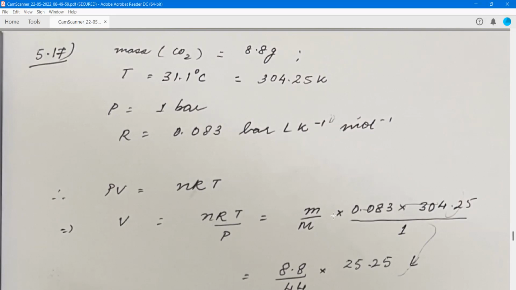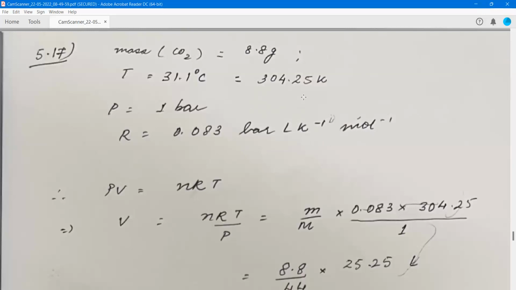So you can calculate the number of moles by dividing the given mass by the molecular weight of carbon dioxide, which you already know. It is 44. Temperature is also given. Do not forget to convert degree centigrade to Kelvin when you are solving for states of matter, because in all the equations only Kelvin holds, and the value of R you have is in Kelvin. So you have to take into consideration that if the value of R has bar, liter, Kelvin, and mole, then you have to convert your pressure, if it is given in Pascal or any other units, into bar and then solve.